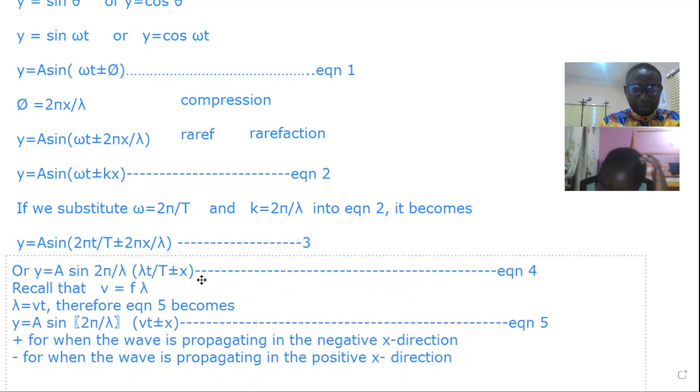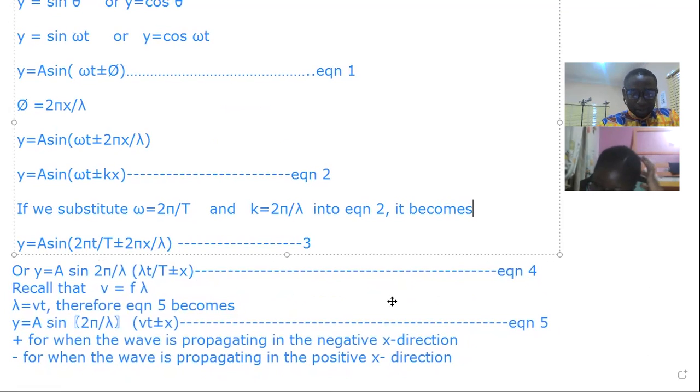Okay, beautiful. So this is it now. We can use any of these equations, a sine bracket wt, that's the angular velocity, plus or minus the phase angle. Remember the phase constant is 2 pi x over lambda. We can use equation 1, equation 2, depending on what we're given in a question.